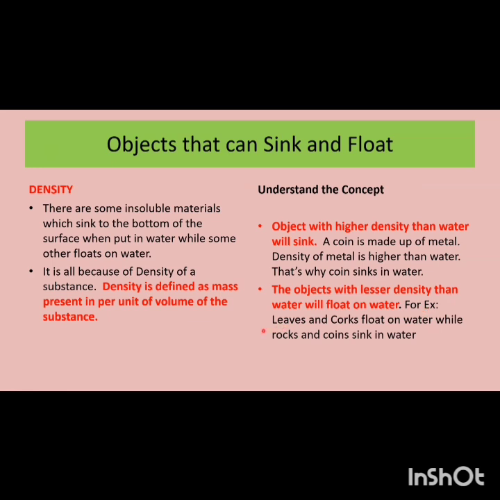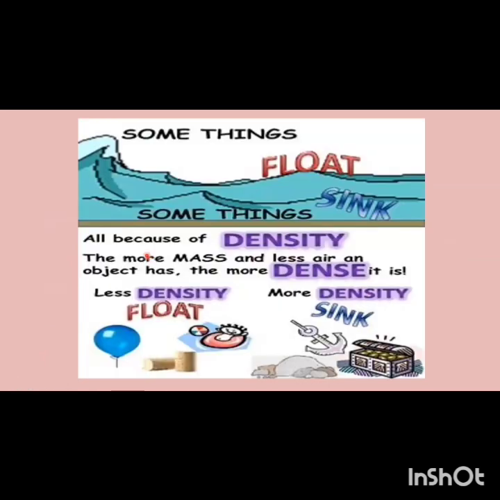For example, leaves and corks float on water, while rocks and coins sink in water. You can see the picture, some things float, some things sink. Less density float, more density sink. You can memorize it like this.